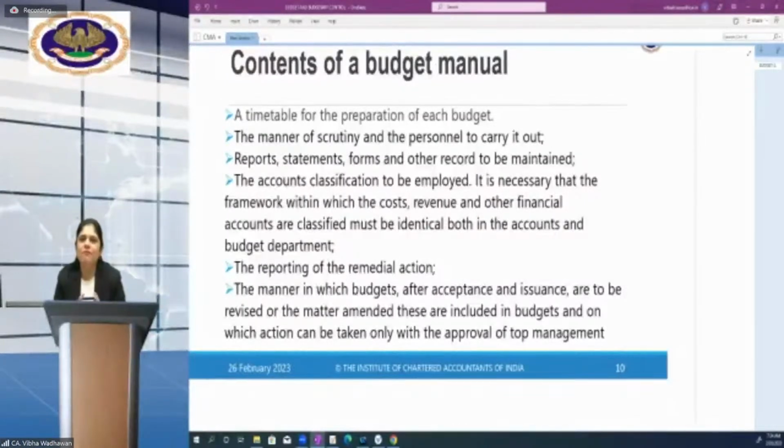So everything has to be charted out. It's all about personal finance also. So we plan our own finances. So when we talk about the organization, a lot more planning is required, don't you think? So that is why the budget is made.